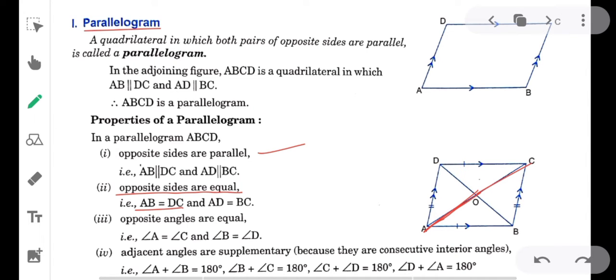And each diagonal bisects the parallelogram. AC is a diagonal, and that diagonal bisects the parallelogram. That means triangle ADC is congruent to triangle ABC. Like that, the diagonal BD bisects the parallelogram. That means triangle BCD is congruent to triangle BAD.